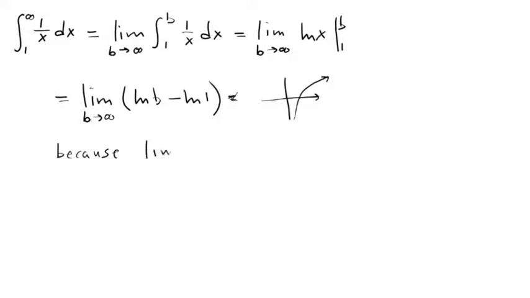Because the limit as b goes to infinity of ln of b diverges, adding or subtracting any constant to that is not going to make a difference. So because this limit diverges, the original antiderivative diverges.